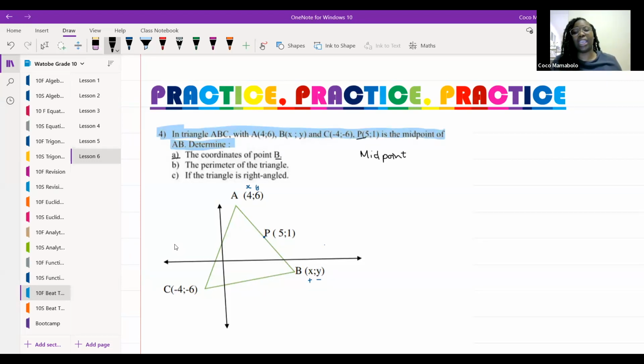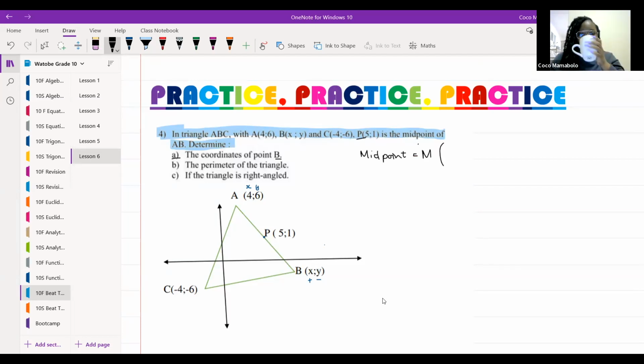Chifaro, yay, give us the midpoint formula. I don't know if you want to unmute or if you want to write it down. Yes, you can unmute. Hi, ma'am. Hello, Maswiri. Tell me, what is the midpoint formula?